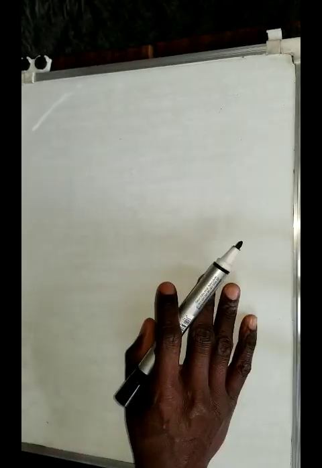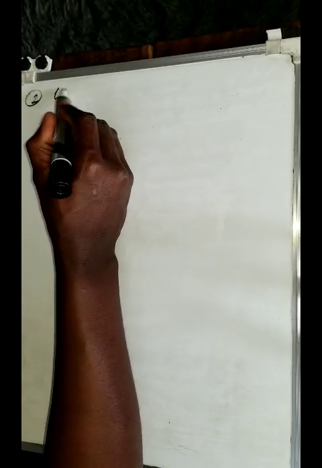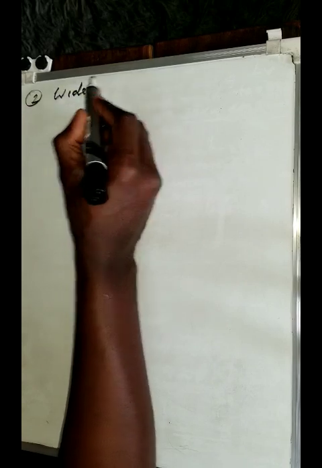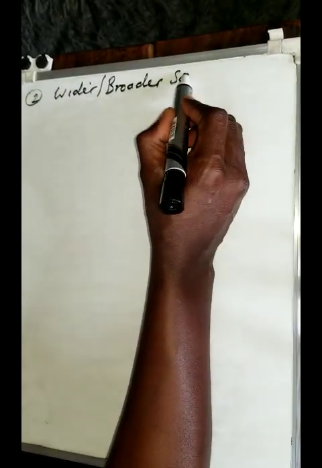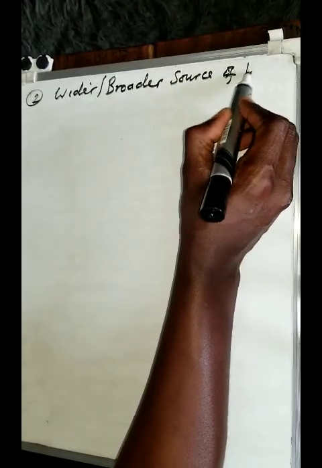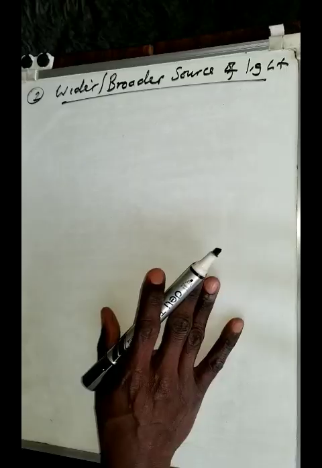Suppose you have a wider, broader source of light. Then what is going to happen? Between the source and the screen, you have an opaque object.